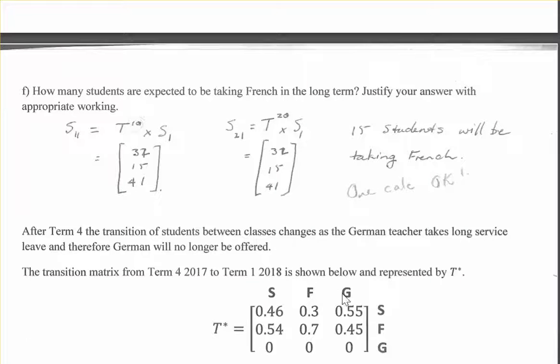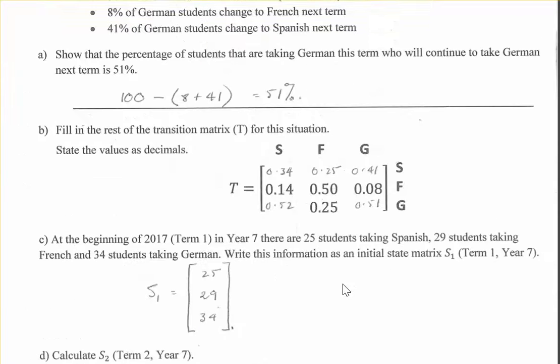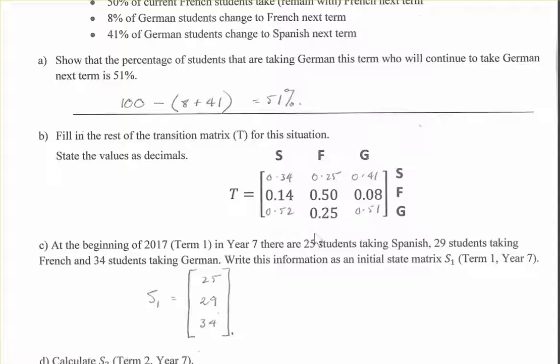So recapping, 25% of students were going from French to German. It might be easier to think of this as a whole number. Let's say out of 100 students, 25 students were intending to go from French to German. Since German's no longer offered, those 25 students have to go to either Spanish or French.